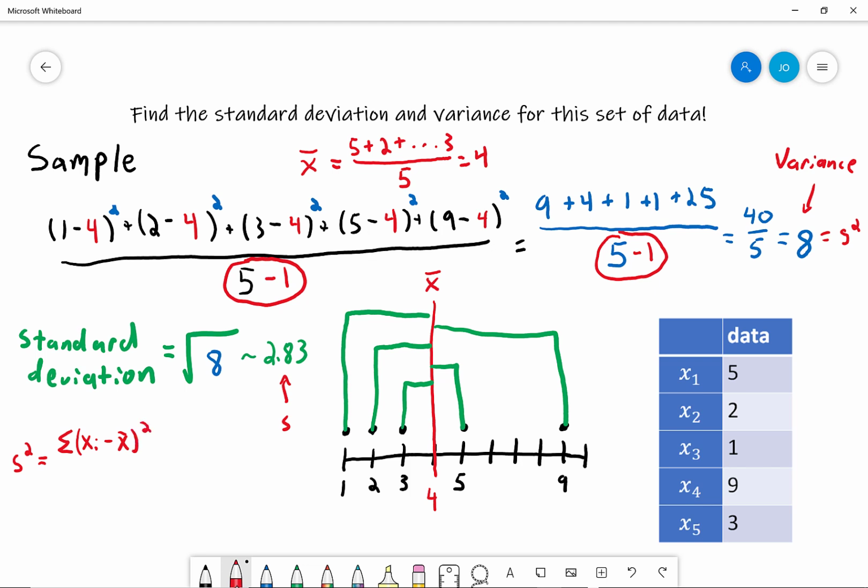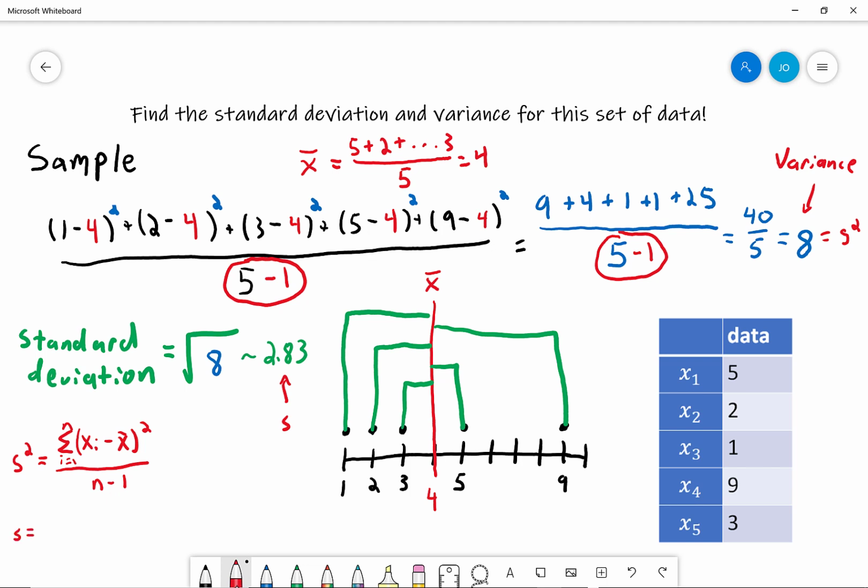We're looking at those squared distances, and now we're dividing by the number of observations in our sample minus 1. And that seems wrong. That seems weird. Why would you divide by the number of observations minus 1? It seems like we're making a mistake.